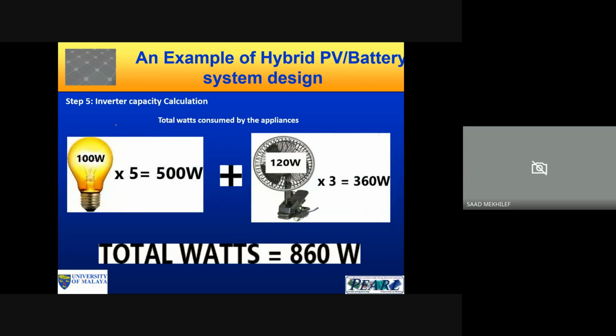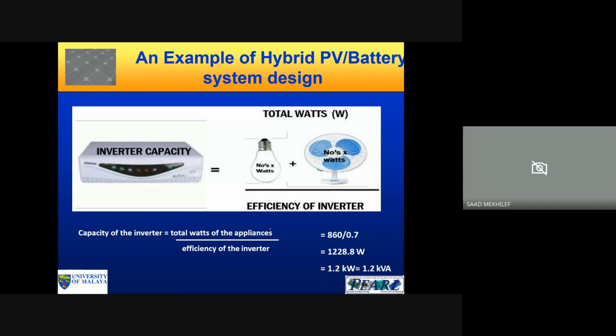All right, now step number 5, the inverter capacity. If we assume both of them are AC loads, we have 500 and 360, so a total of 860 watts. Now for the inverter capacity, it's 860 divided by 0.7, which is the inverter efficiency.